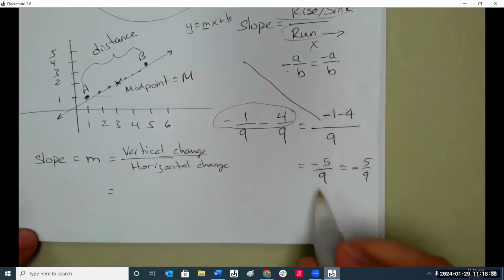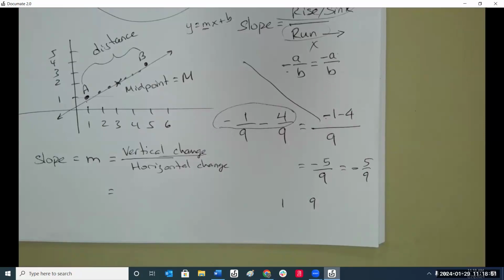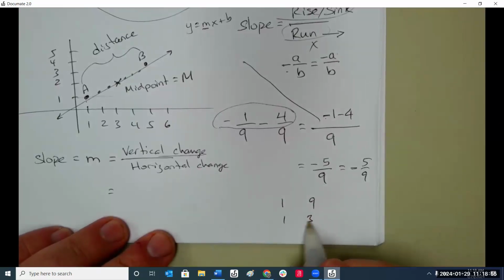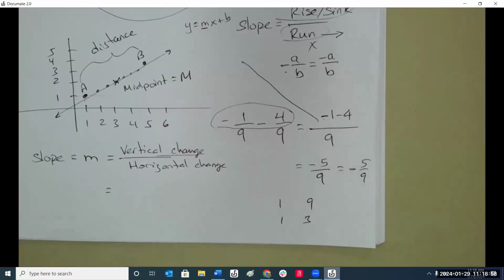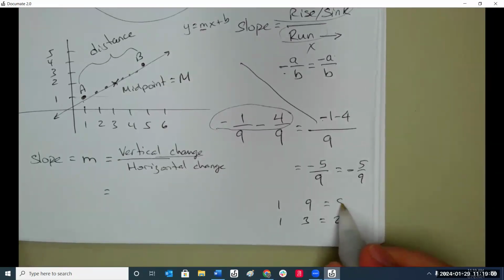In other words, between the numbers 1 and 9, how many numbers are between there? Okay, let's try something between 1 and 3. From 1 to 3 is 2 spaces. From 1 to 9 is.